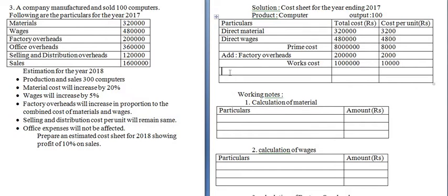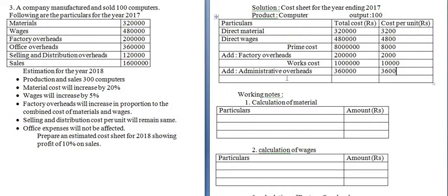Now next comes add office overheads or administrative overheads. The amount they have given is 3,60,000, and again divided by 100, so that will be 3,600.